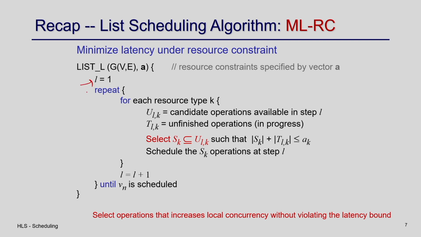If you recall this algorithm, for each timestamp, starting from timestamp 1, for each type of resource I identify the operations ready to be scheduled, and I identify the operations of type k running in this timestamp L, which I must schedule. Then I select a subset of the ready operations such that my resource bound is not violated.